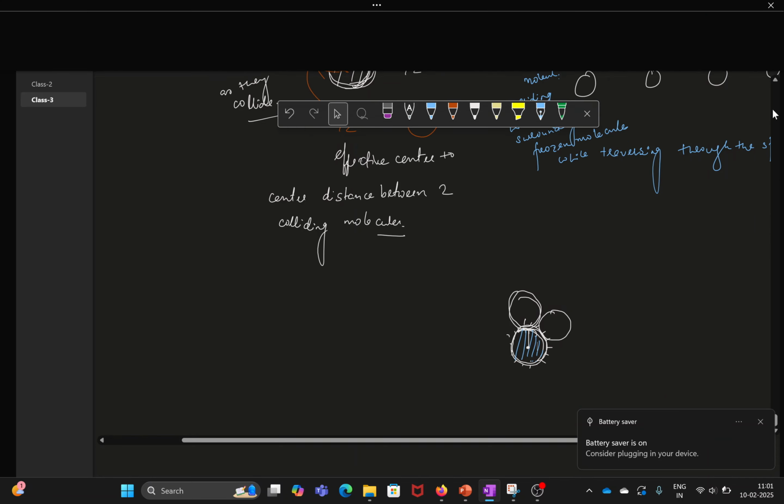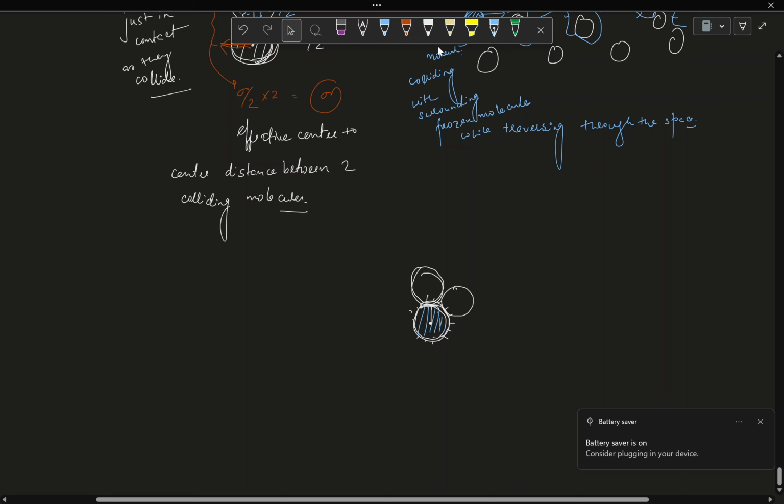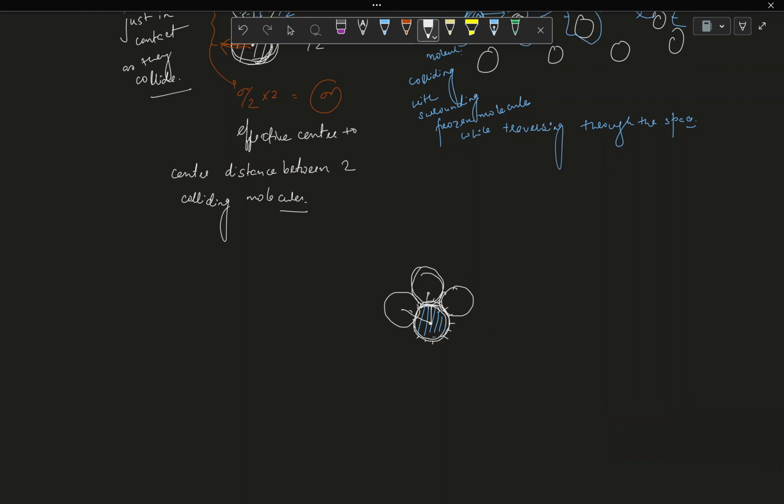As I was saying, let's say you have the moving molecule in these blue dashed lines, and it is passing through all the frozen molecules around it, so it can touch and collide with the frozen molecules anywhere around its circumference. This is just a simplistic picture to get you the idea. From any point, the center to center distance is all the time sigma. So this is sigma, this is sigma, this is sigma. Like that, it can happen from every direction, so there can be many possibilities.